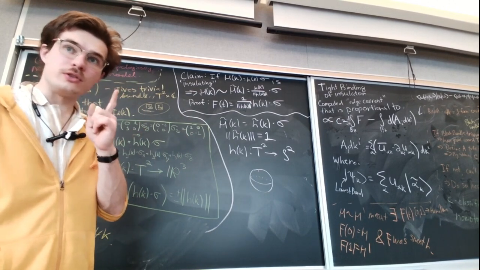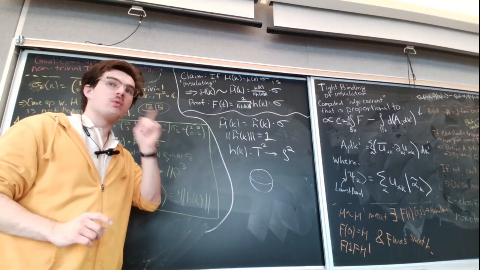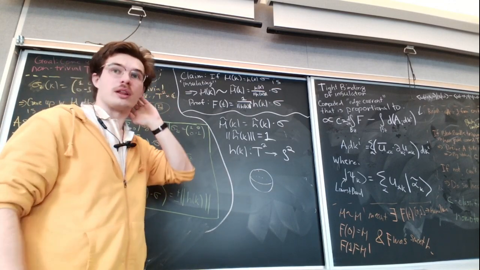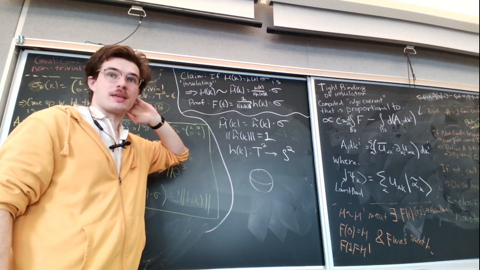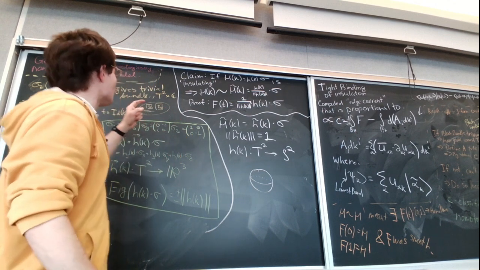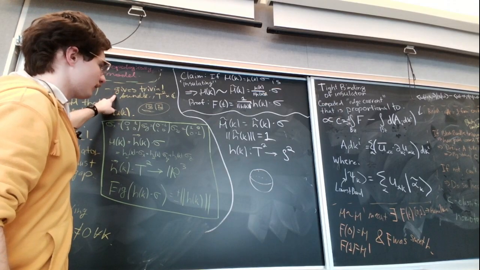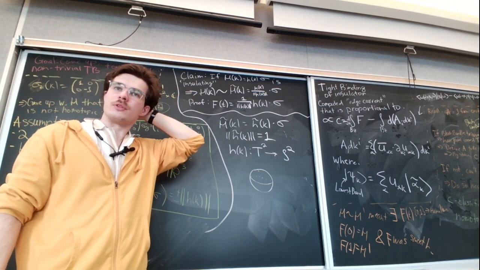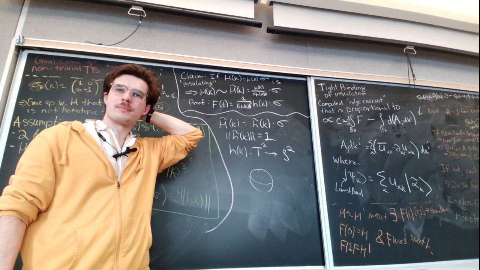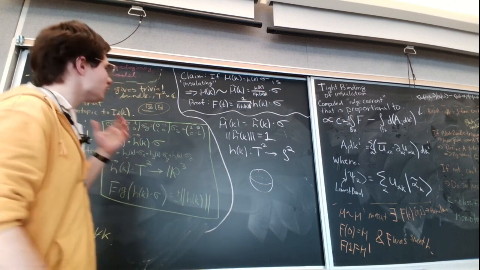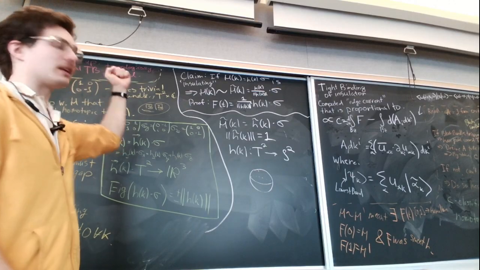So what did we want to do? We wanted to find a tight binding model Hamiltonian that was not homotopic to a Hamiltonian that's just constant everywhere. Do you agree? I wanted to find a Hamiltonian that's not homotopic to something that's constant at every point.